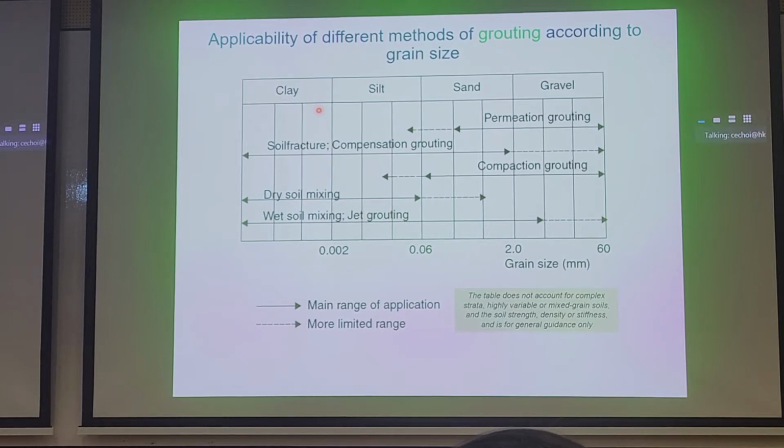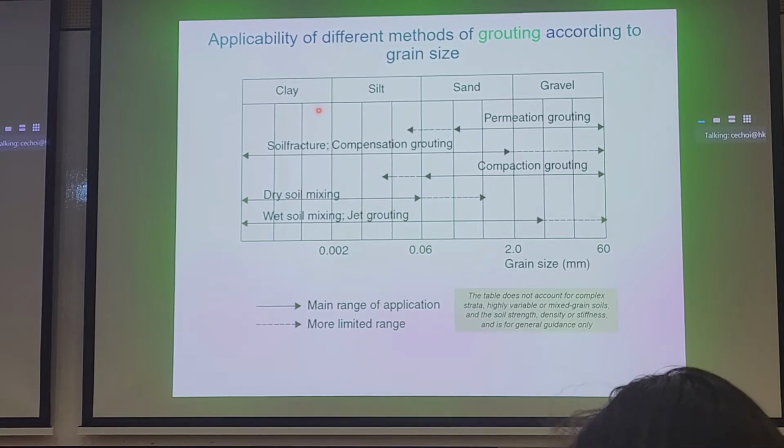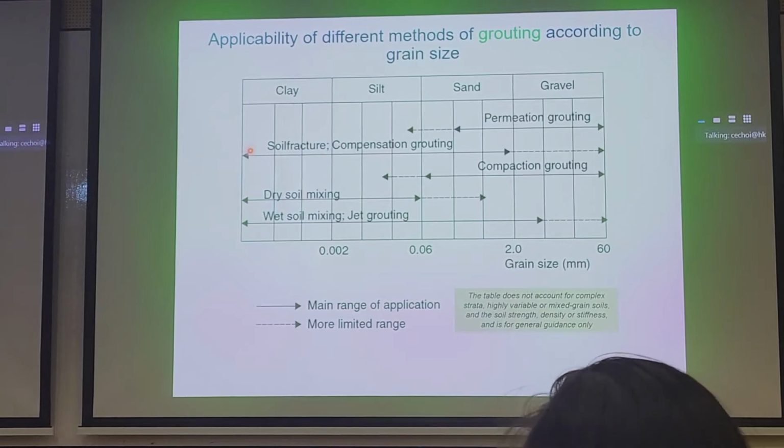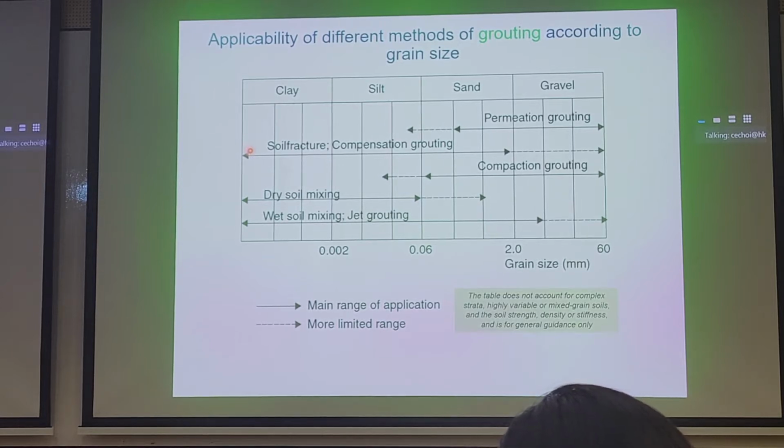Permeation grouting, for obvious reasons, for clay, if you have a very low permeability, anything less than 10 to the minus 9 meters per second, you'll find it very hard pressed to get the grout to move between the voids. Soil fracture grouting is, as you remember, the approach where we create our own fissures in the ground. We purposely inject high pressure grout to form cracks.